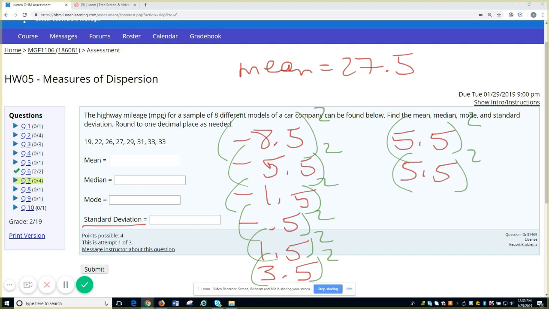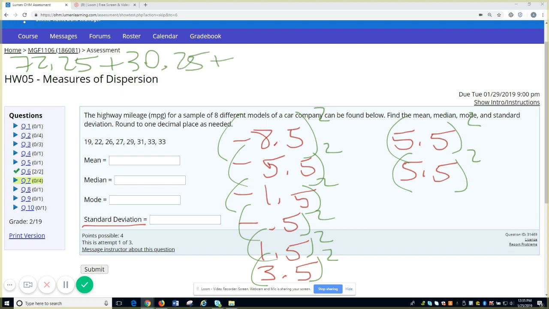So 8.5 squared is 72.25, then negative 5.5 squared is 30.25, 1.5 squared is a positive 2.25, 0.5 squared is 0.25, and again 1.5 squared was 2.25.